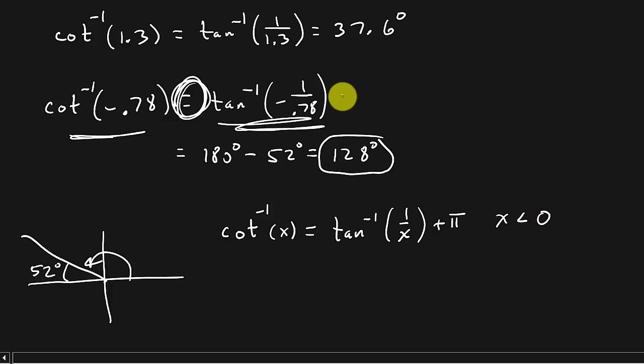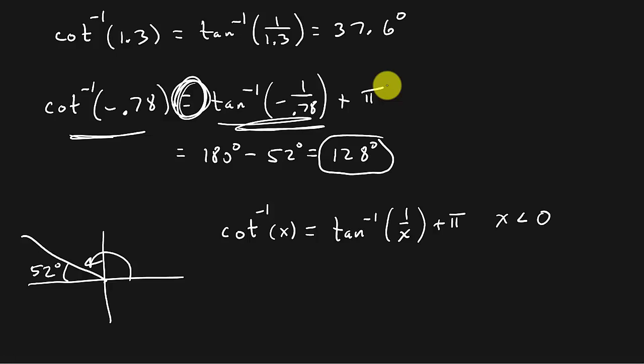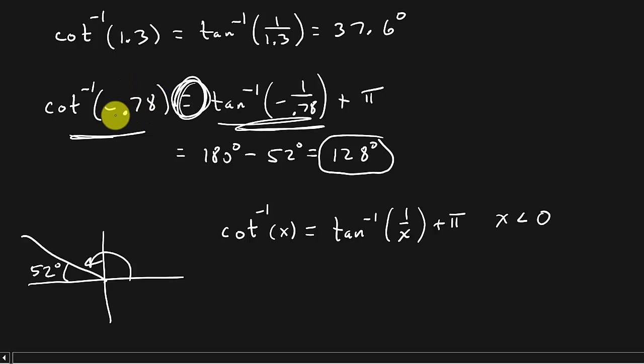So this is actually equal to plus pi. And what they're doing is they're doing it for you. They're saying, okay, when you do the inverse cotangent and x is negative, so this term here is negative, you do the inverse tangent of the reciprocal and then add the pi. All right? So that's your formula for it.